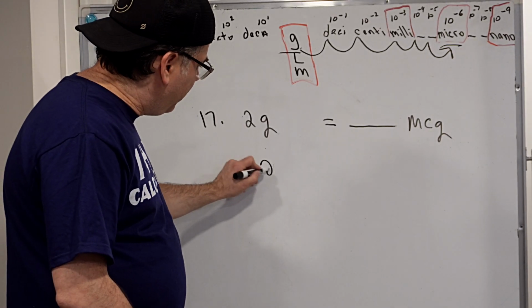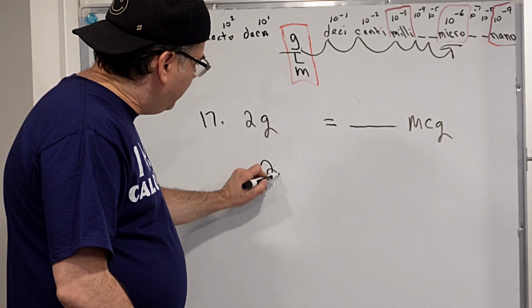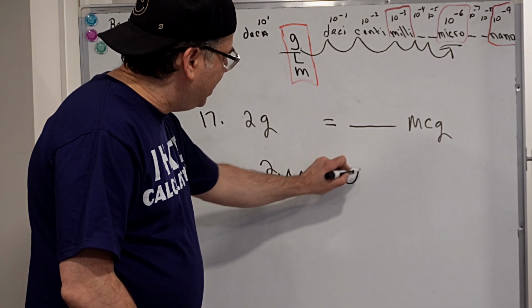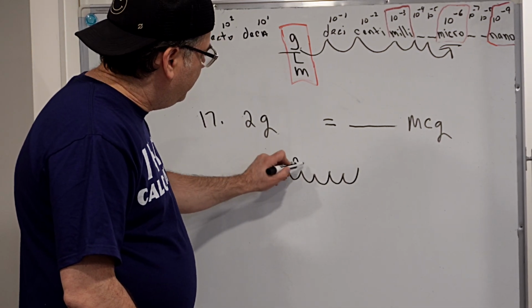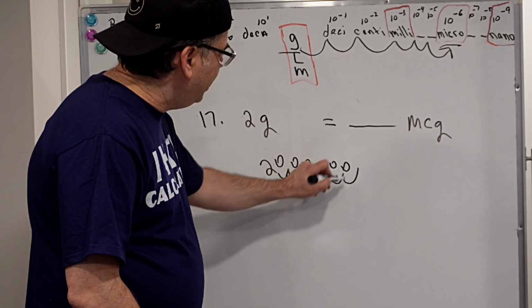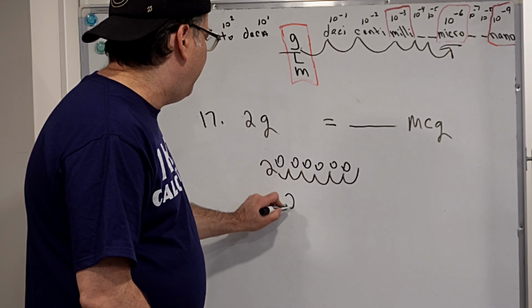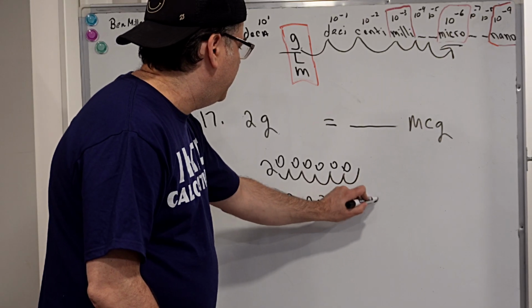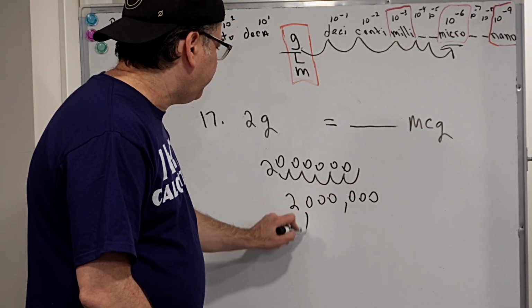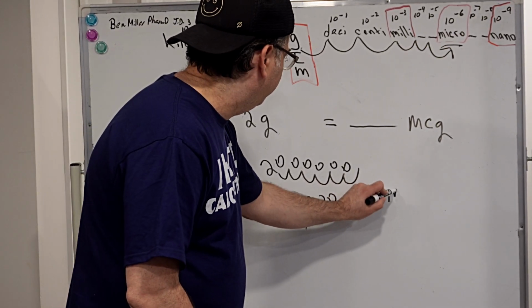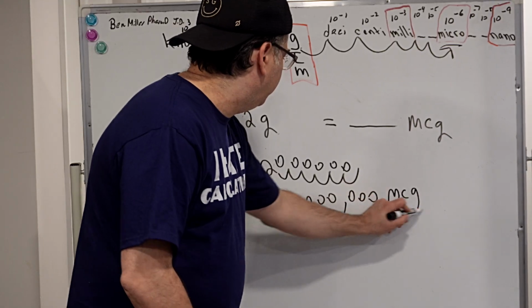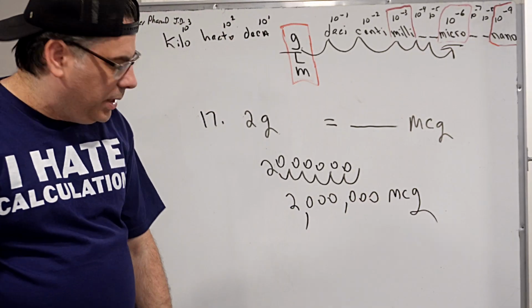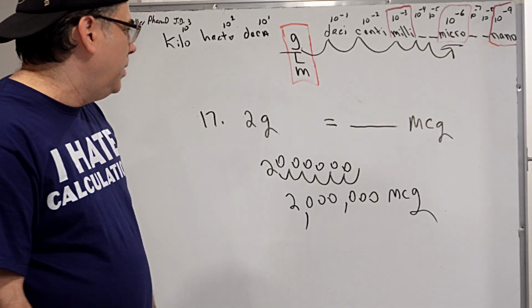So we have 2 grams, and we go 1, 2, 3, 4, 5, 6. So we have 2 million micrograms.